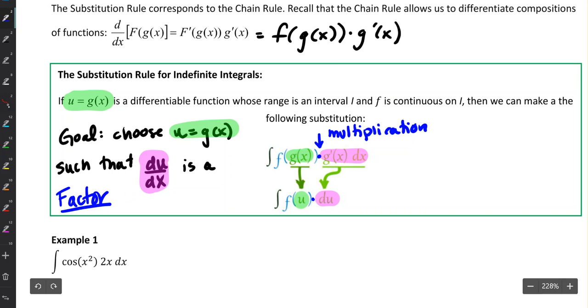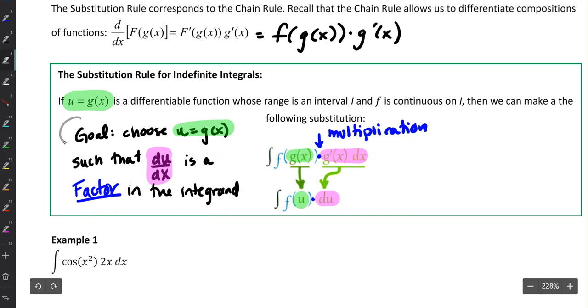Remember, integrand is just a fancy word for the function that you're integrating. That's your goal, right?